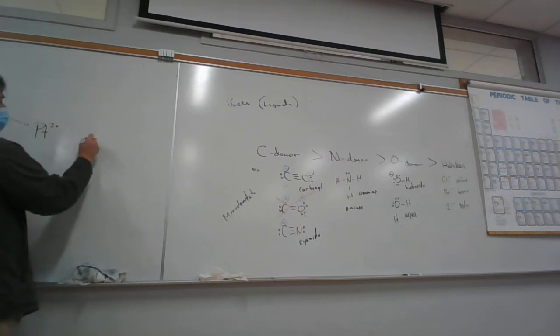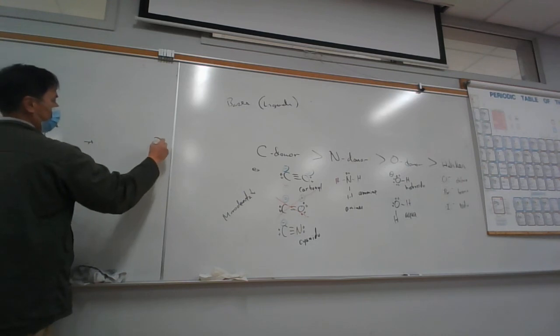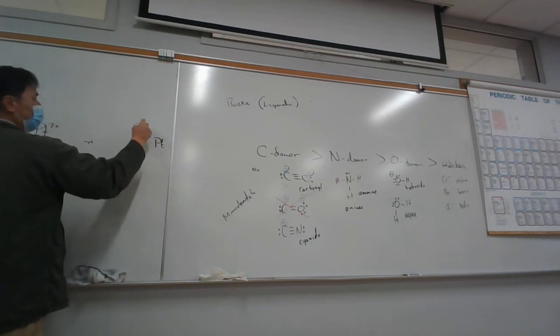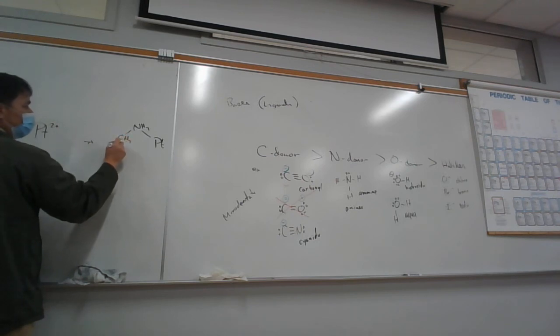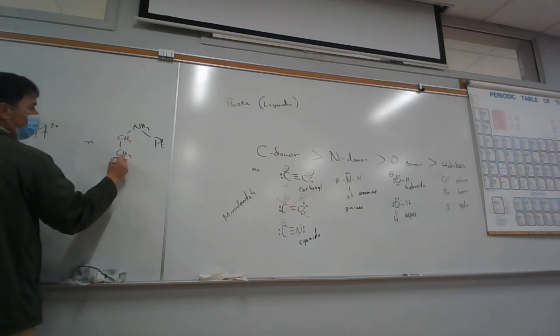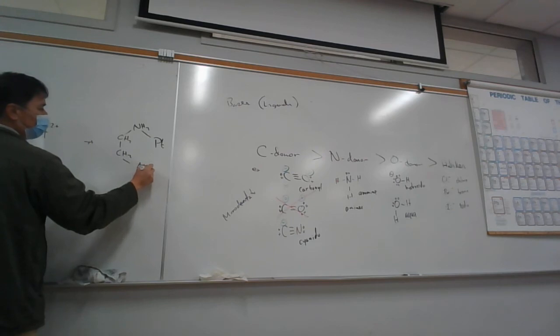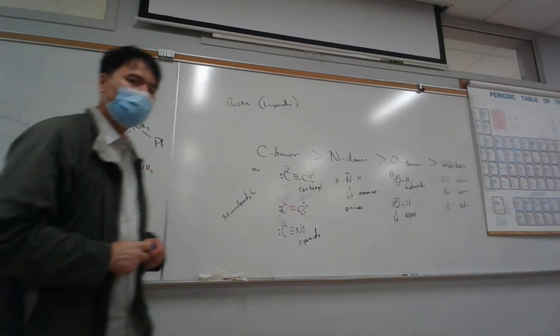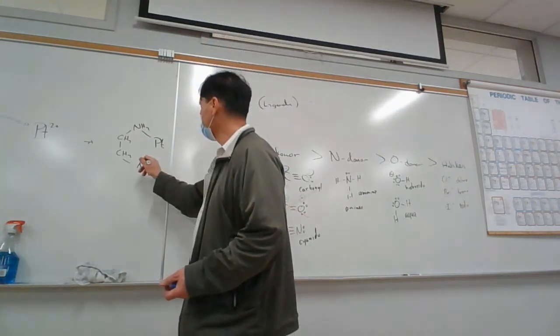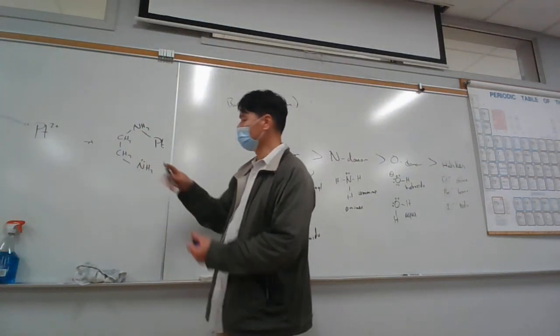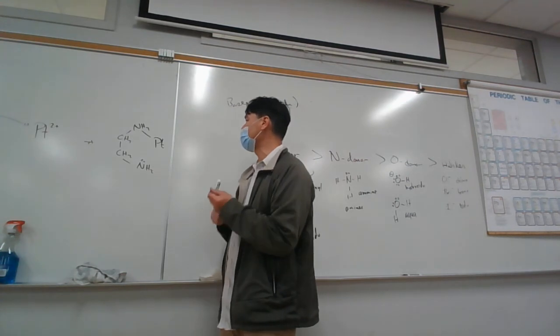And so what we end up with is a platinum like this with an NH2 bond. Now the lone pair is being used as a bond. CH2, CH2, and then the NH2 here. And what we call this is a bidentate ligand because this second nitrogen can wrap itself around and then bind to the platinum here.